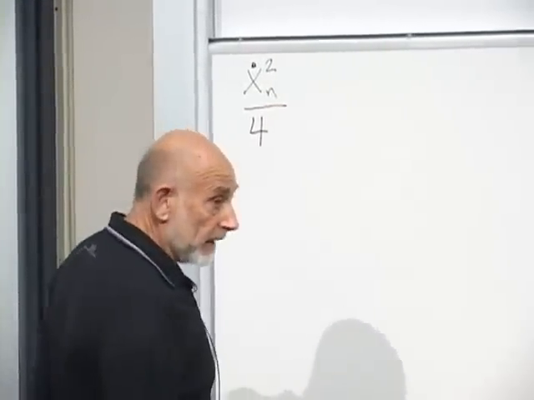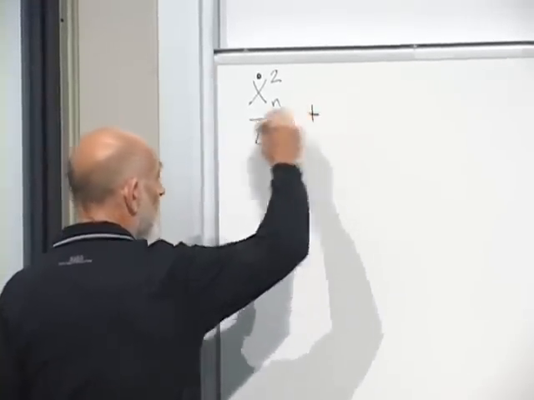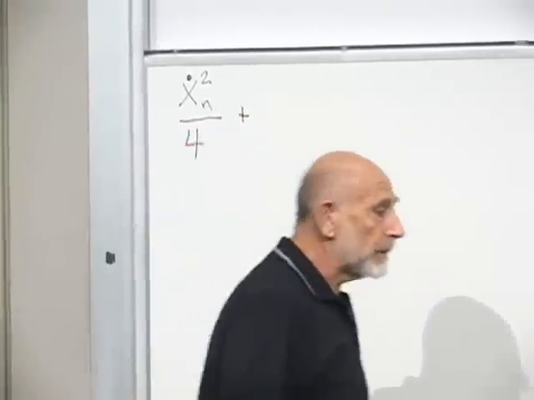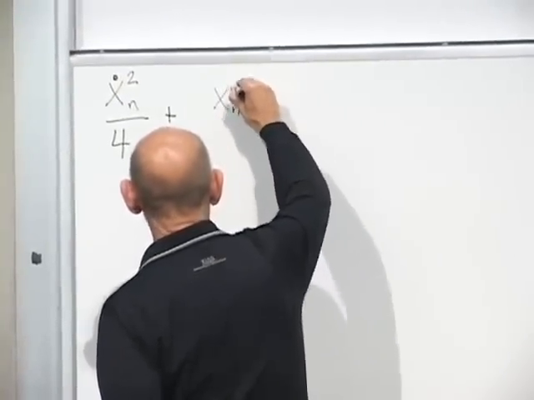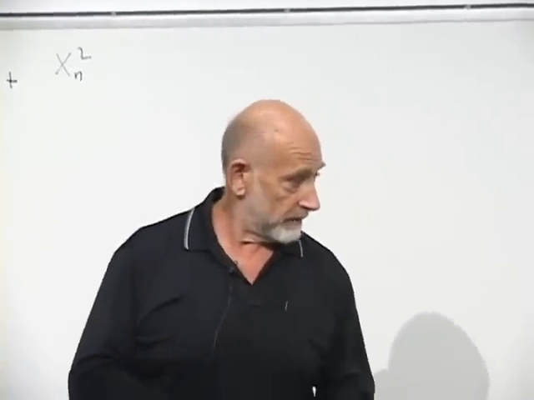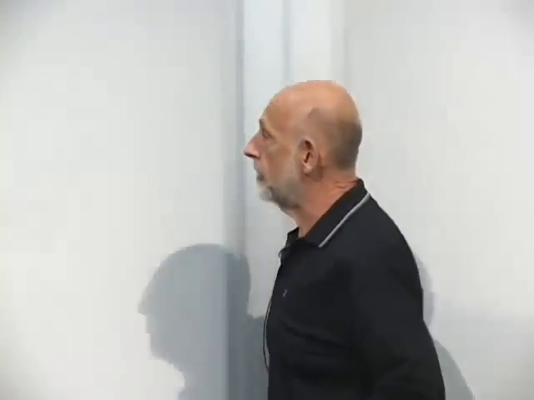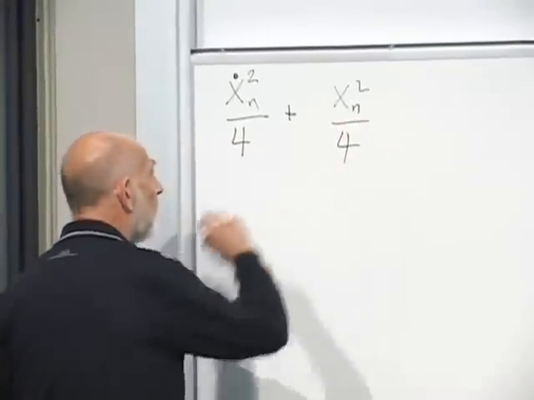That was the kinetic energy, and then the potential energy. If I want to write the energy, I put a plus sign there. The potential energy was proportional to x squared, same thing, x sub n squared, also divided by 4.